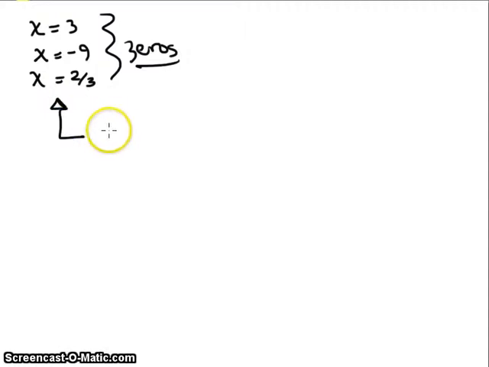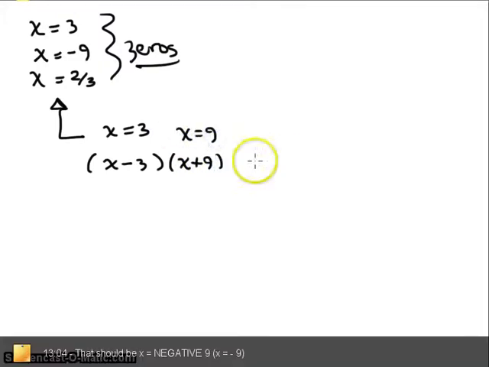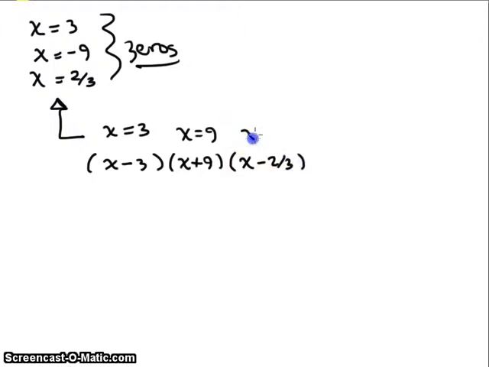I'm going to just say, well, if x equals 3, then how can I make a factor that equals 0 when x equals 3? Well, very simple. X minus 3 is equal to 0 when x equals 3. X plus 9 is 0 when x equals negative 9. And x minus 2/3 equals 0 when x equals positive 2/3. So taking a list of zeros and converting it into a possible polynomial does the trick.